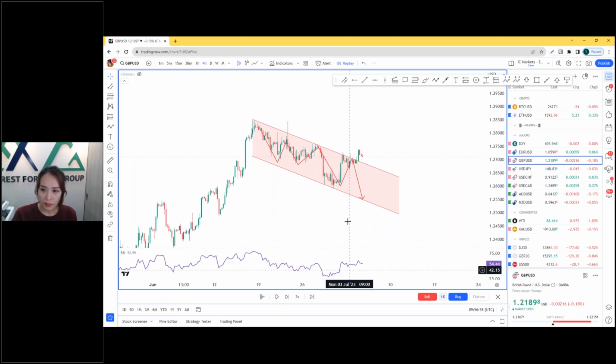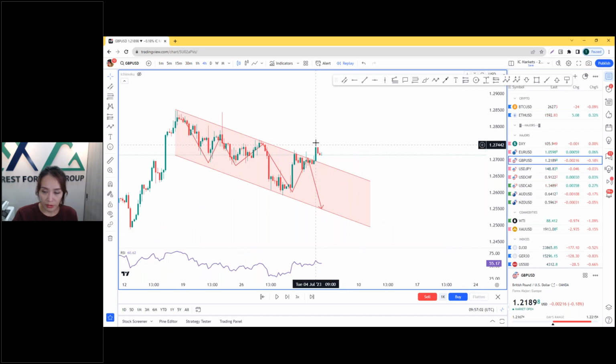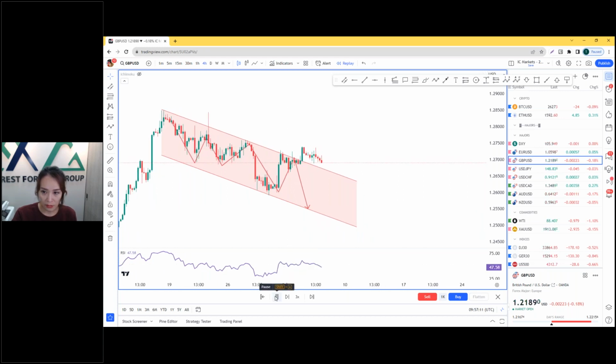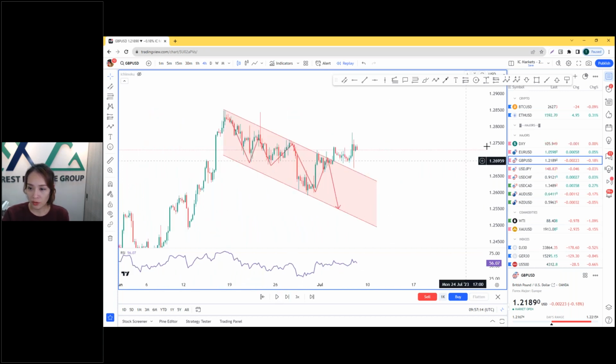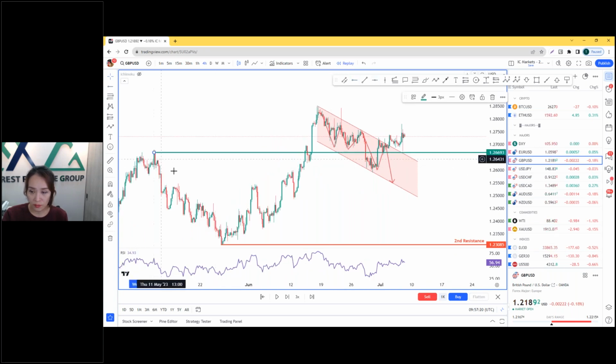Okay, here price breaks above. What you can see is that the body also closes above the bearish channel line. Okay, and then you wait for the price to come back, and then you buy. What you see like that, you need to draw support and resistance as well for this time frame. This used to be your resistance, right?